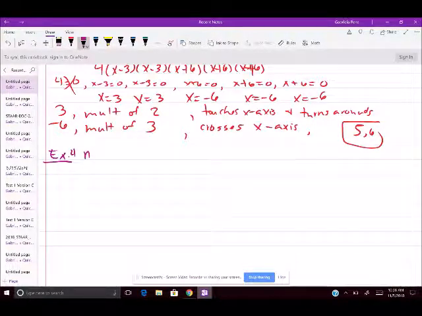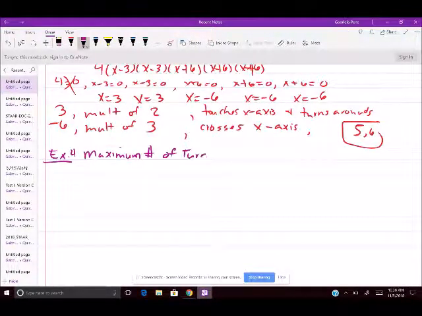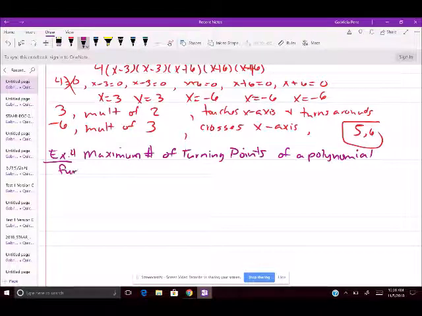The maximum number of turning points of a polynomial function is the degree, and we already talked about the degree, right?